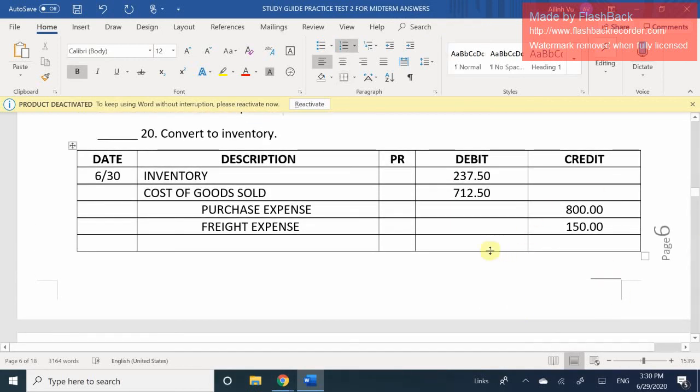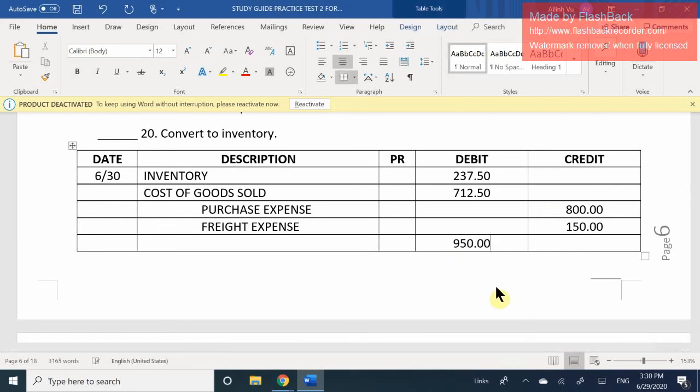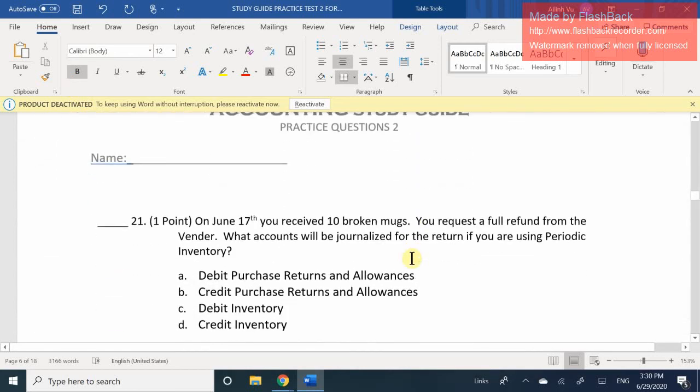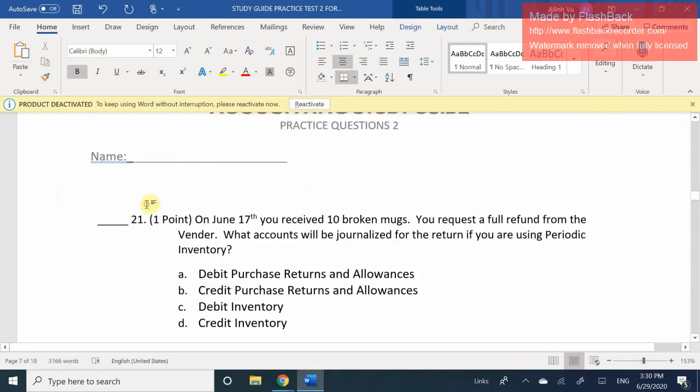So I'm going to do it at the bottom of this. 950, just so you guys can ensure that your calculations are correct. Perfect. All right, that's it for that one.